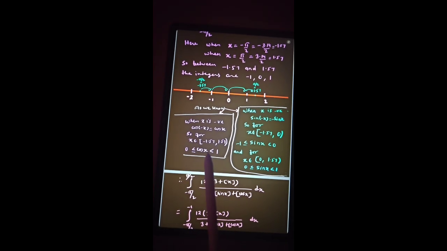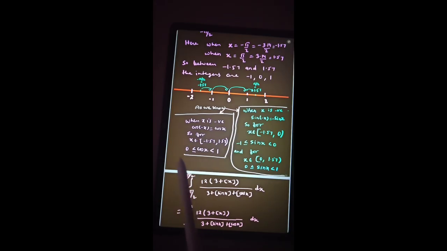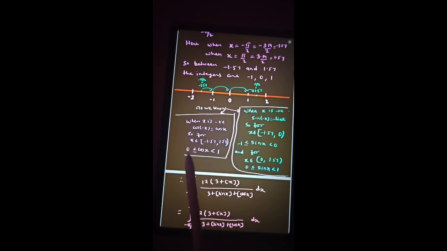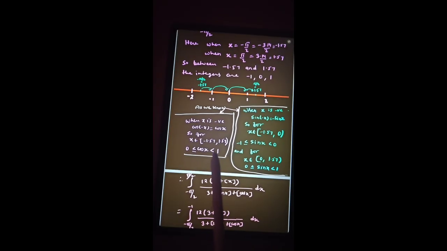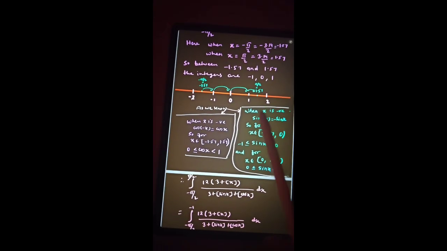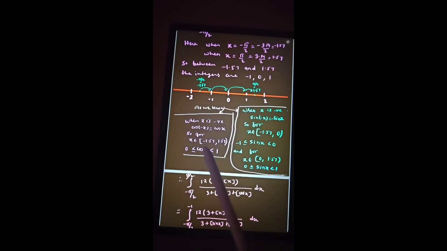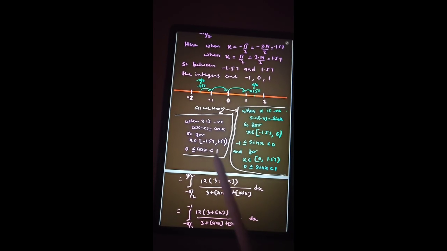The range of cos x is minus 1 to plus 1, but within this interval its range will be from 0 to 1, because of positive values. As cos 90 is 0, and cos 0 is 1, so 0 up to 1.